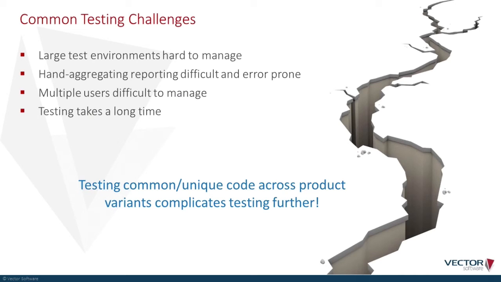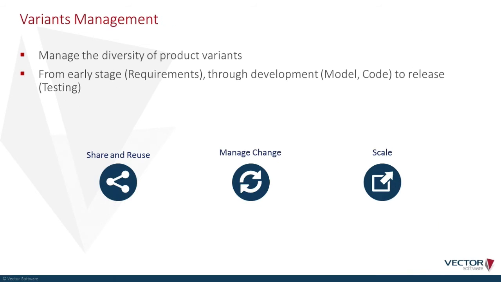And then testing for these large products can take a lot of time. So that's the normal situation. And then when you introduce this idea of common code and variant code, that just complicates things a lot further. So that's why this is such a critical issue.